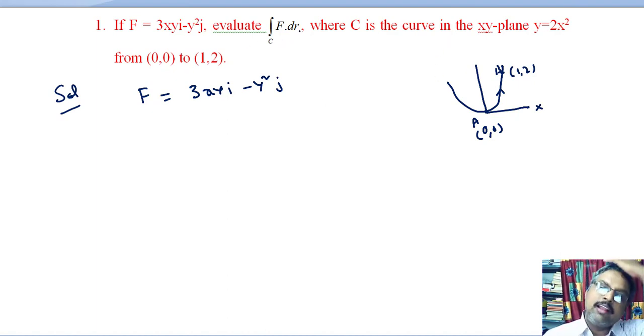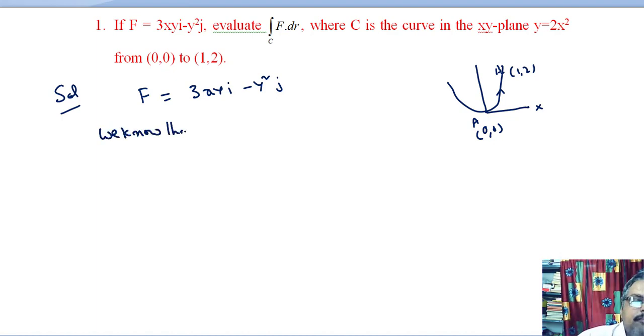Here we will integrate the integral of f dot dr. What is the procedure? Just try to understand, it is very easy. The position vector r bar equals xi plus yj. Here the z component is not required, there is no k term.